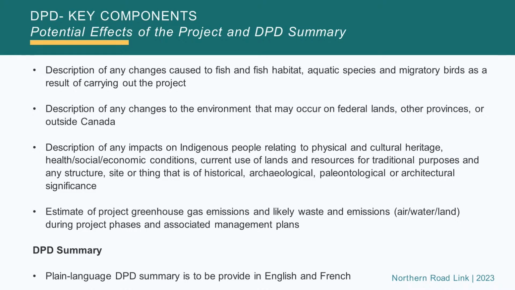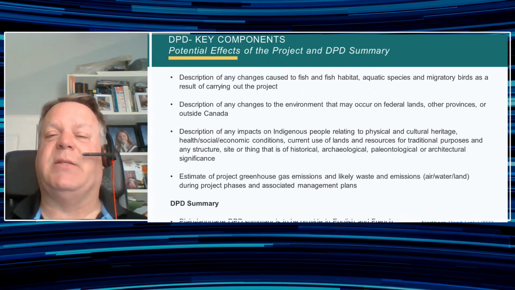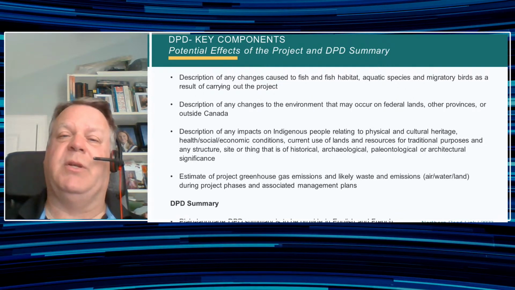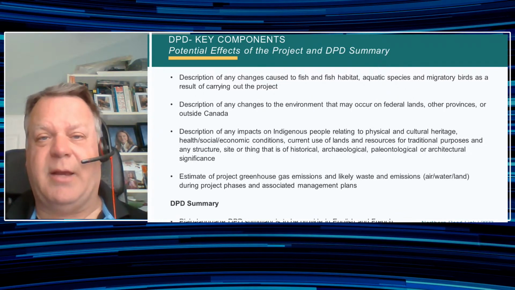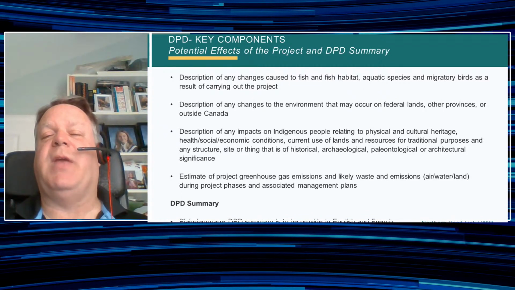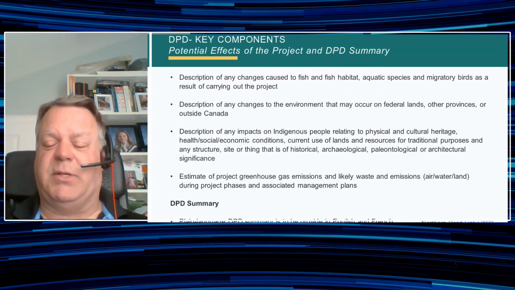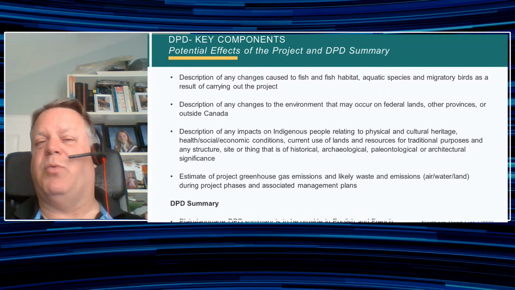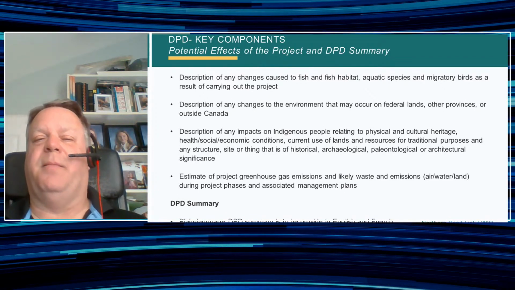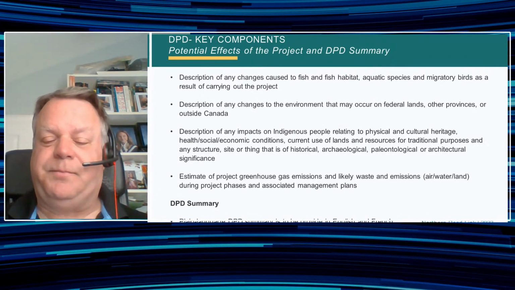It is not a small document, but it has to be thorough. It has to be comprehensive. It has to provide enough information so that IAC, the Impact Assessment Agency of Canada, can make an informed decision about the project as to whether it should go ahead and be permitted.